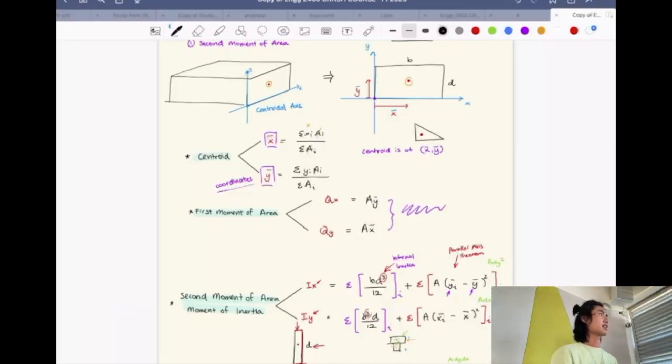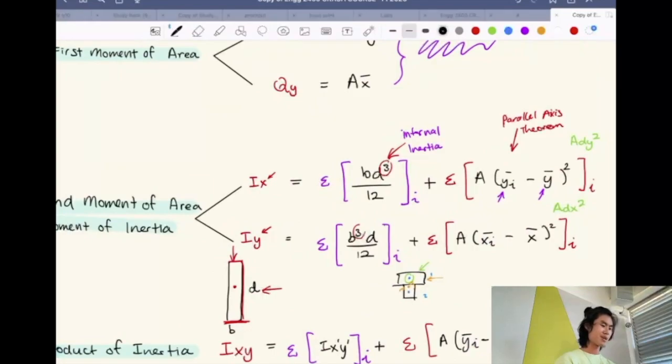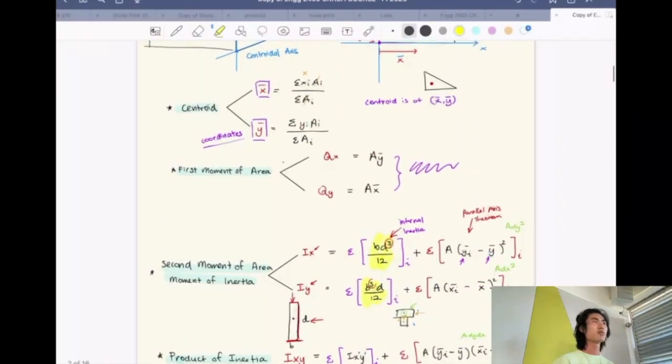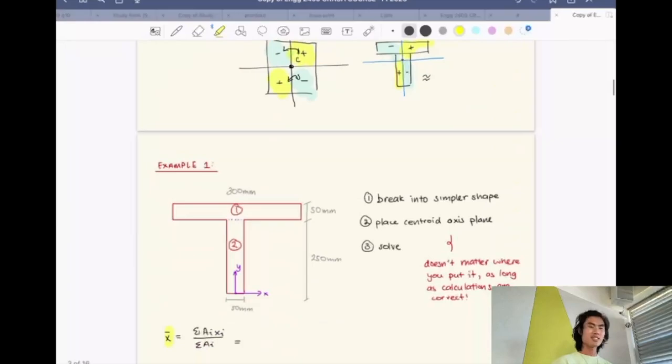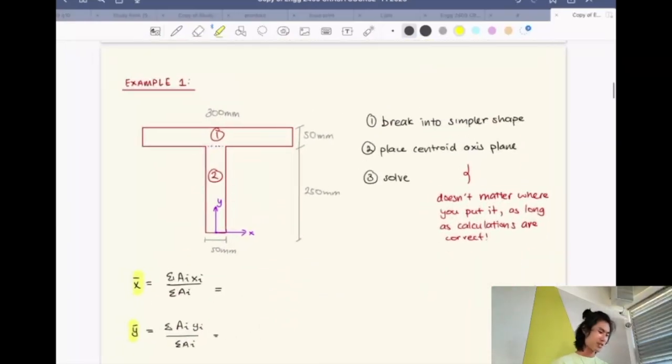If you understand the shifting of the parallel axis theorem, I think these ones are the most useful to memorize because they help you get through questions really quickly. X centroid and Y centroid are going to be quite fast the more you practice. The first part of this course is all practice.